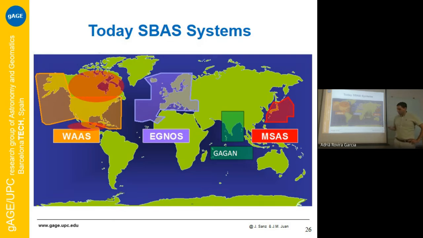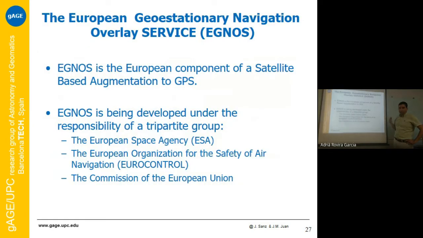Okay. And we will see now a little bit more information about EGNOS. Although we have had an excellent presentation done by Javier from NIDE, so I will go a little bit quicker on this part.